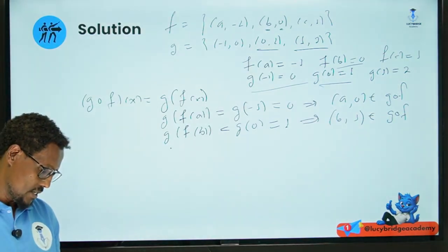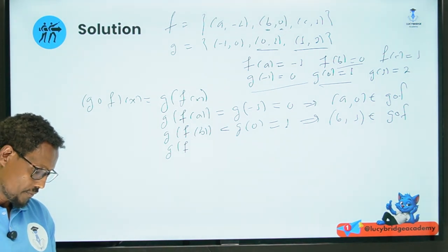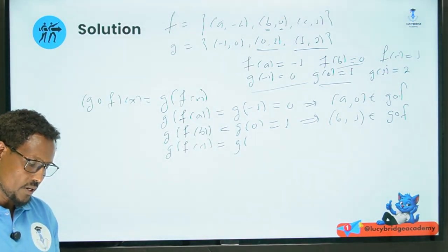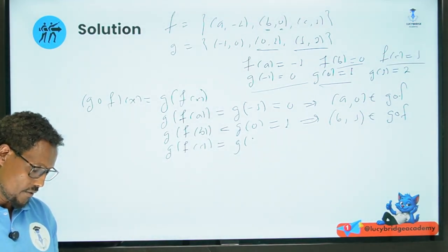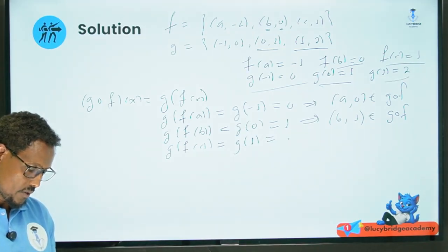Next, G of F of C. But what is F of C? F of C is 1, and G of 1 is 2.